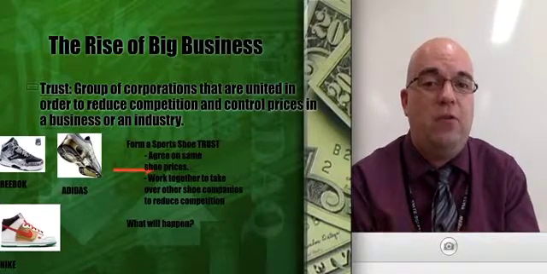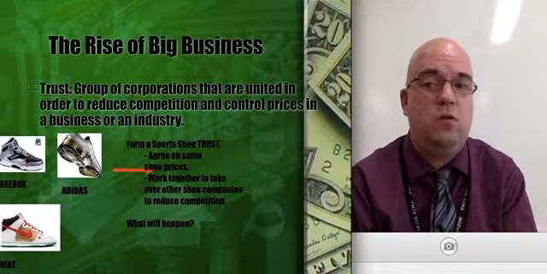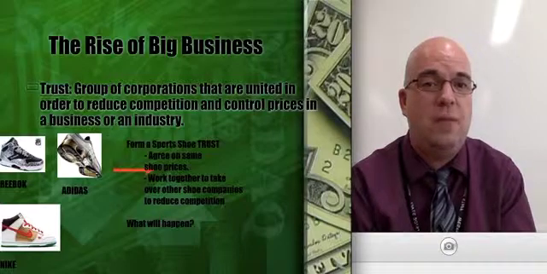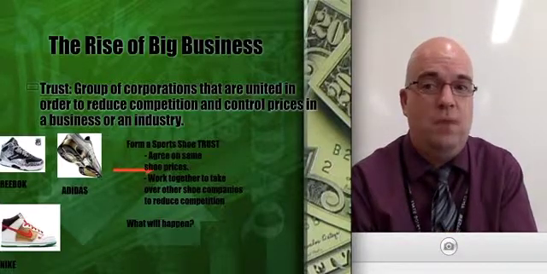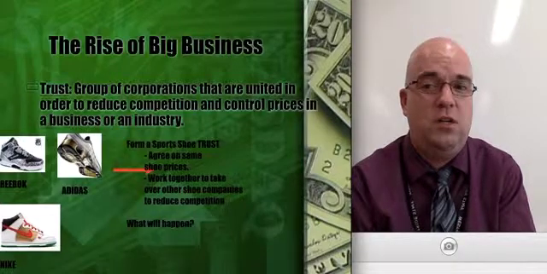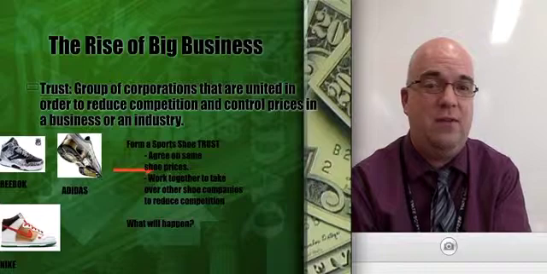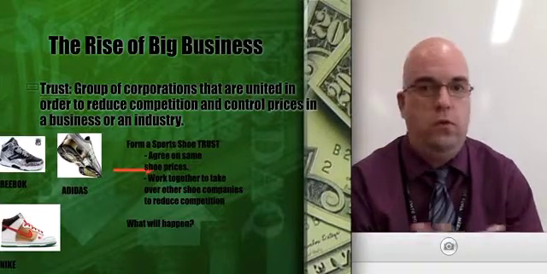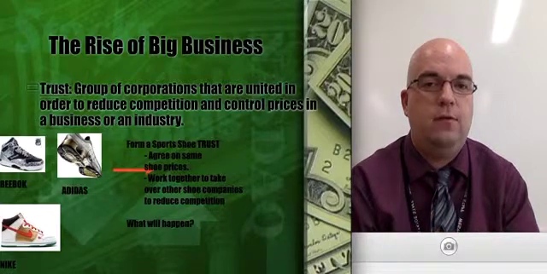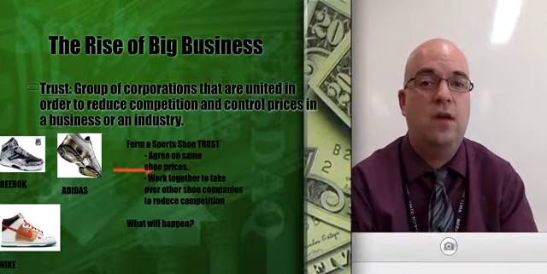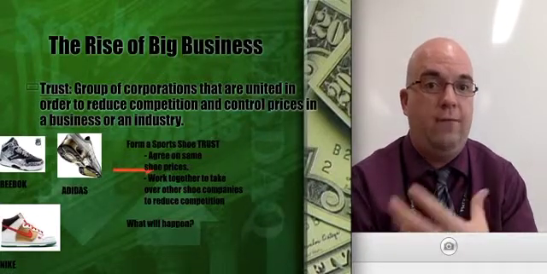If you think about how a trust operates, you can think of tennis shoes. There's a lot of competition, which is why monopolies and trusts are generally seen as bad things, because what keeps prices low is competition. If you've got Reebok, Adidas, and Nike making different types of athletic shoes, they're in competition for you, the consumer. They're going to try and keep their prices at a relatively low price so that you're going to buy from them.